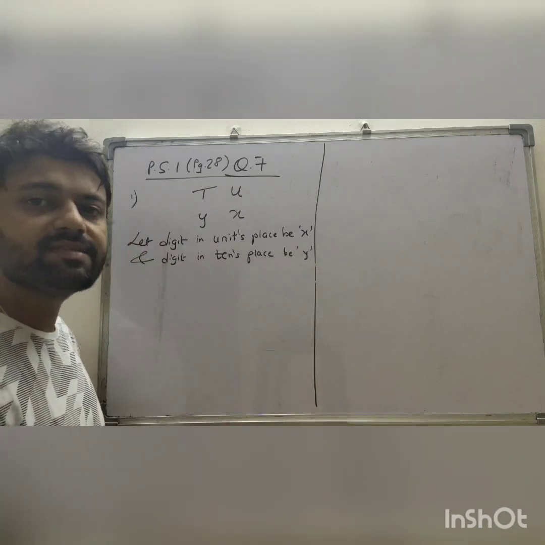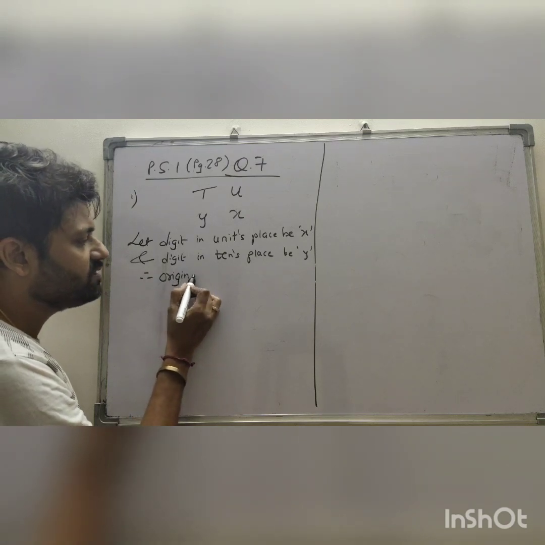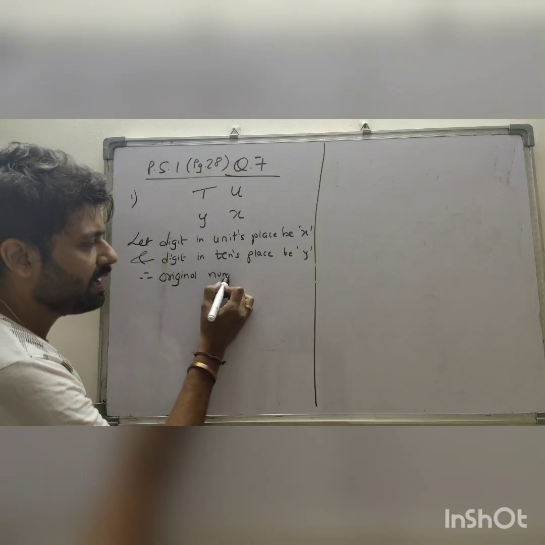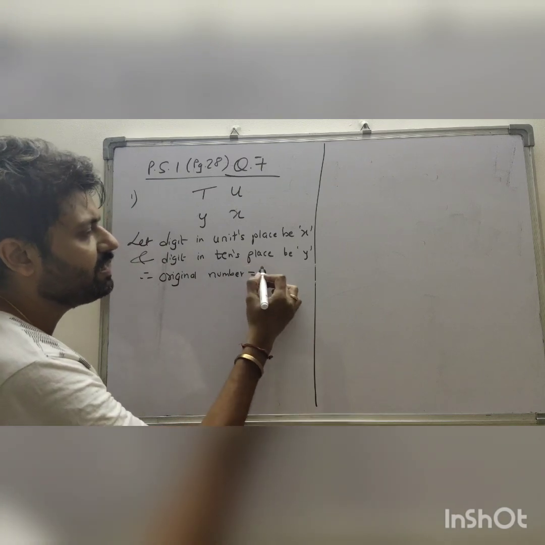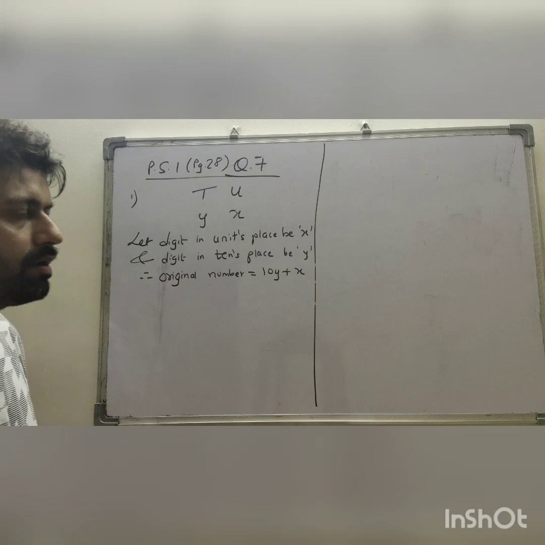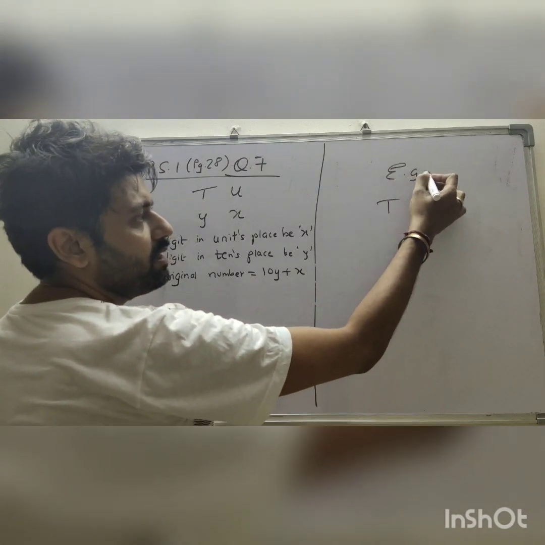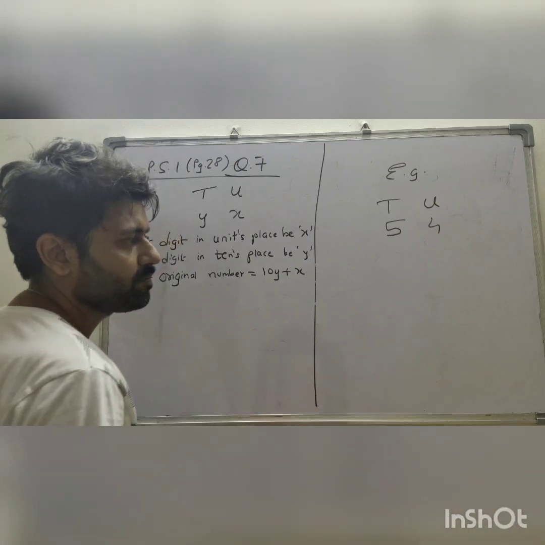By assuming x and y, we get the original 2-digit number as 10y plus x. Example, the number is 54.